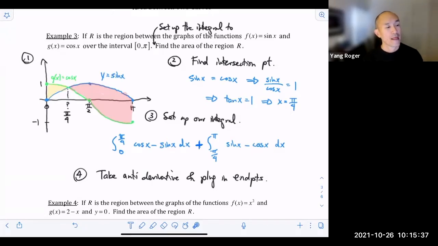Once you have this set up, you can just find the antiderivative and plug in the points. This example is just to try to set it up. Were there any questions about example 3? No questions. Okay.